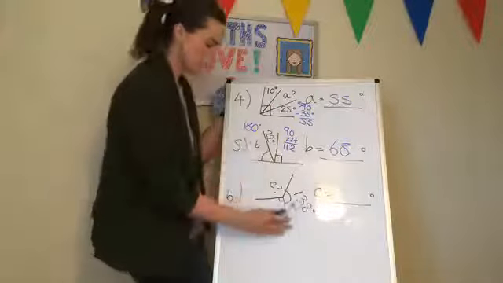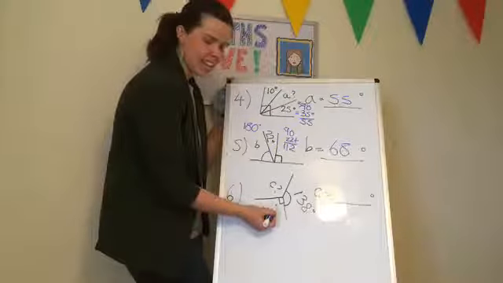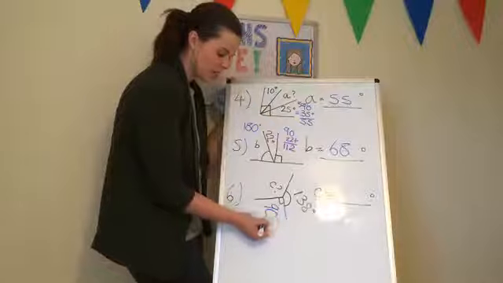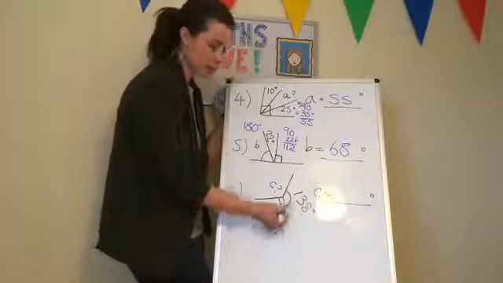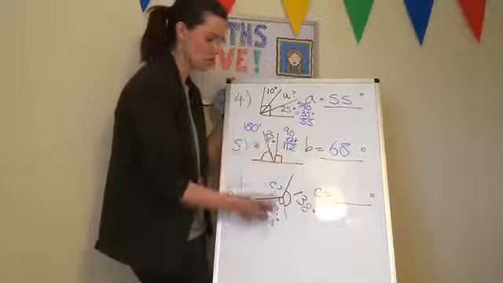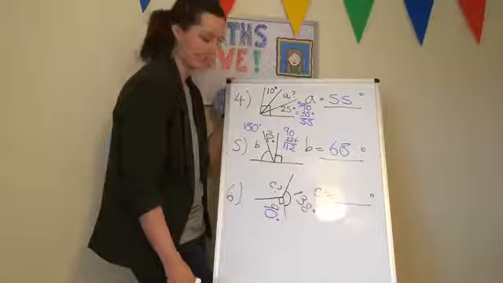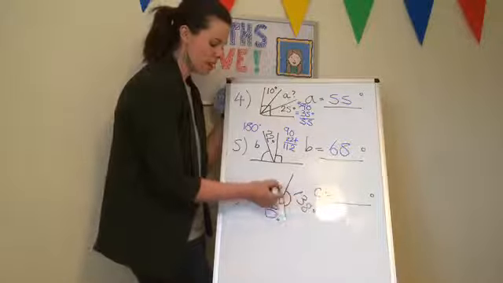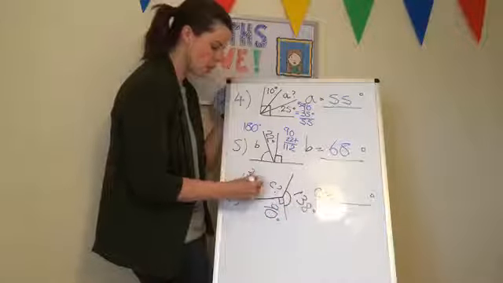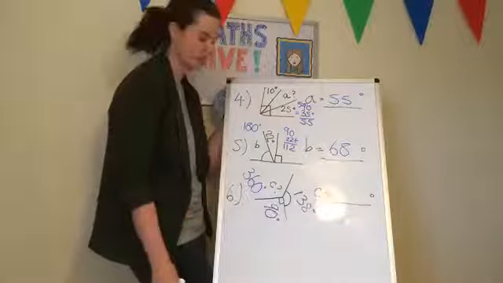Last one. Again, this is a right angle, so this is 90 as well. It doesn't always have to be. I could have split it into a completely different angle, but I thought it was good practice for you to spot the 90. So 90, 38 and C, and we know that all this needs to make 360 because a full turn is 360.